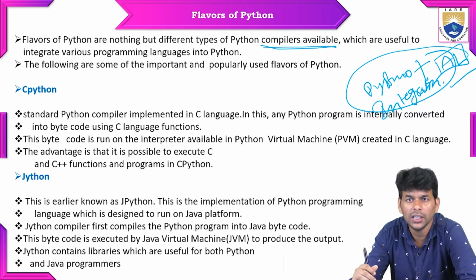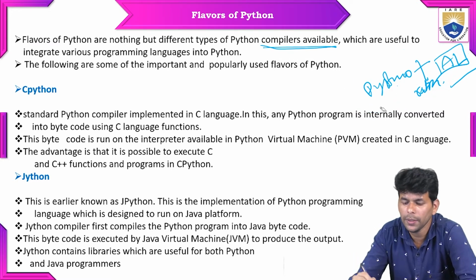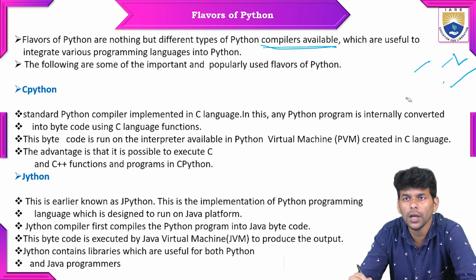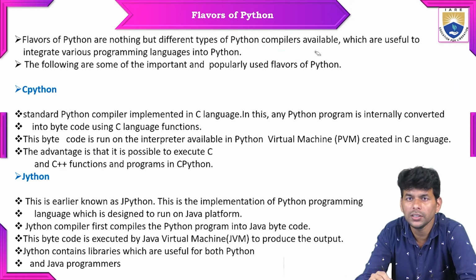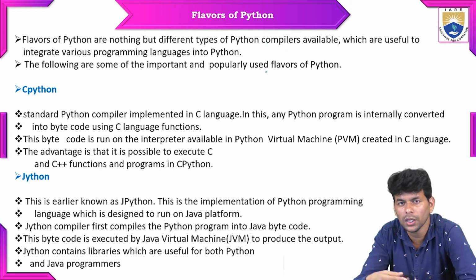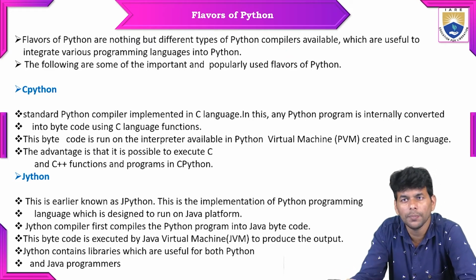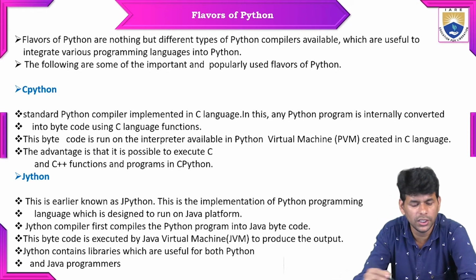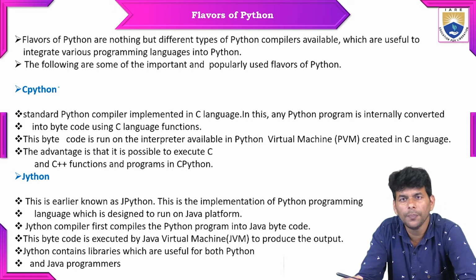Next, the following are some of the important and popular flavors of Python which we commonly use. The first one is CPython, a standard Python compiler implemented in the C language.